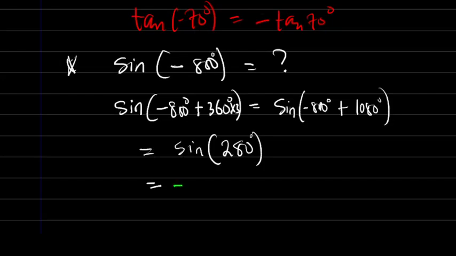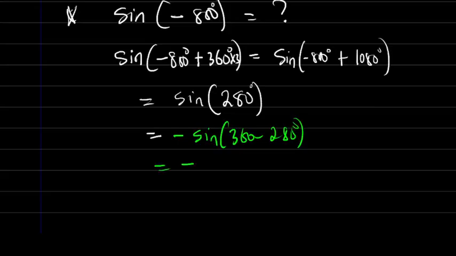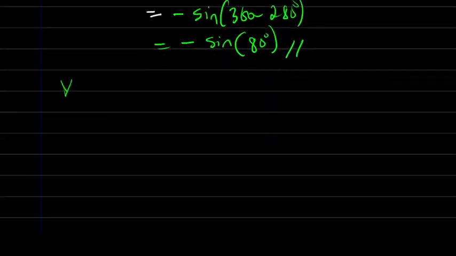So we have minus sine of 360 minus 280 degrees, and that's minus sine 80 degrees. Very, very simple.